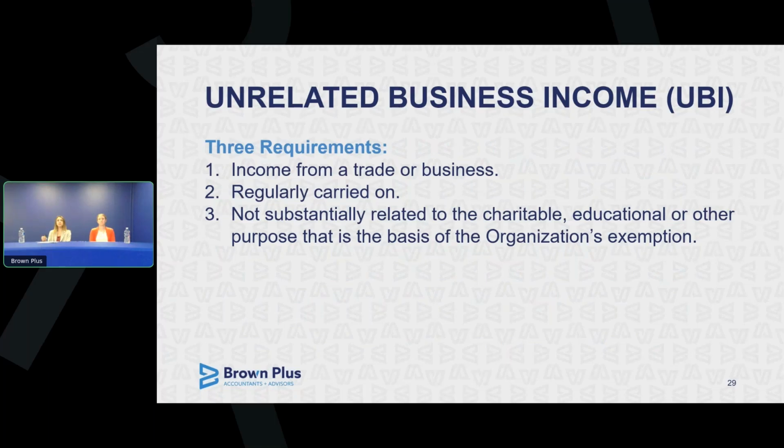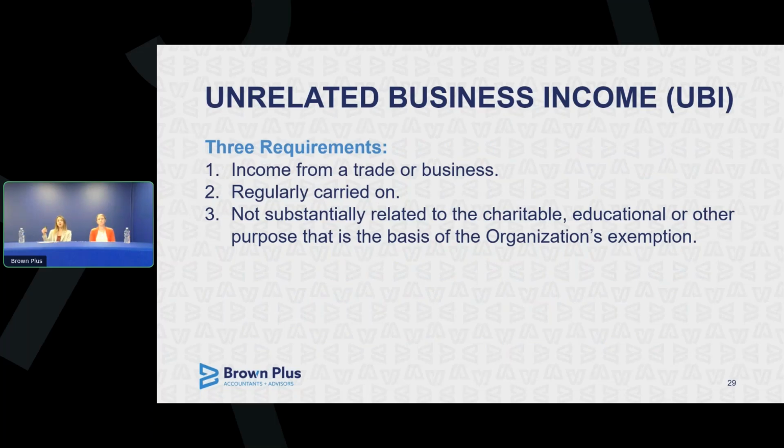And I just wanted to spend a couple minutes talking about unrelated business income. So there are 3 requirements for something to be considered unrelated business income, which would be subject to unrelated business income tax for nonprofits. The 3 requirements are that it is income from a trade or business, that it is regularly carried on, and that it is not substantially related to the organization's exempt purpose.